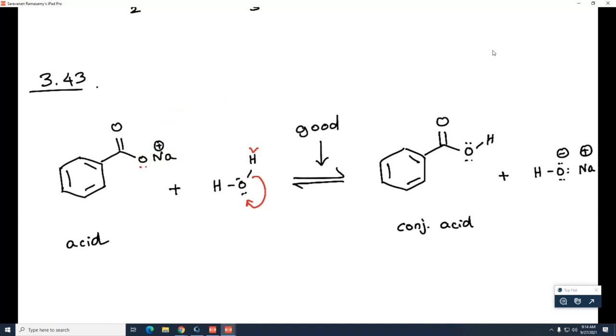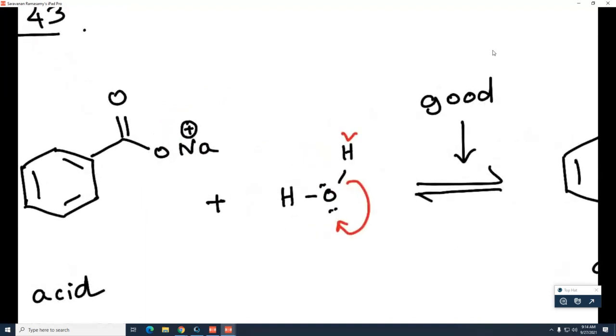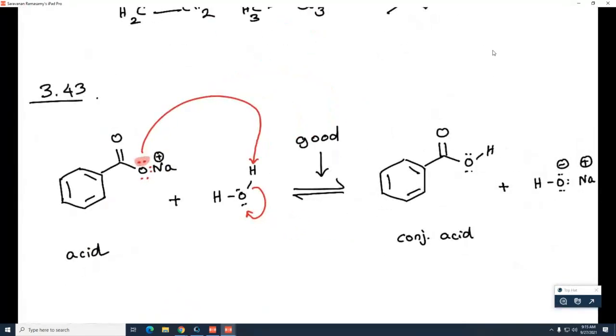I'm erasing this for now. We're comparing the stability of this lone pair versus one of the lone pairs on the hydroxide. You should correct me, this is not the acid. The acid is water. This is the base.